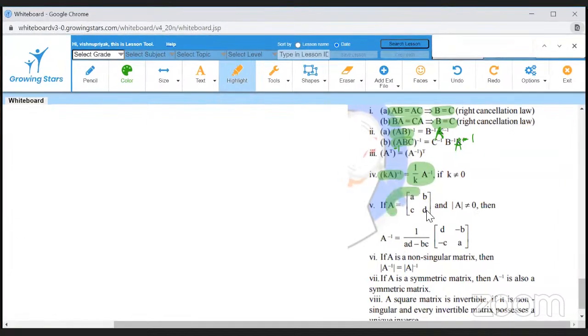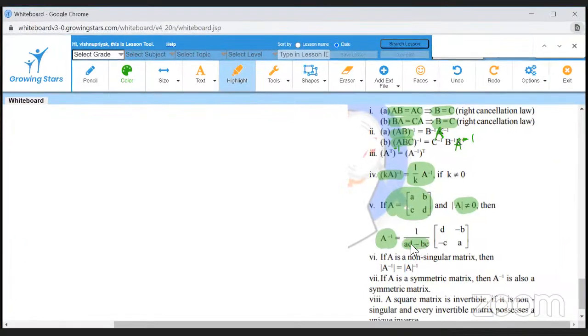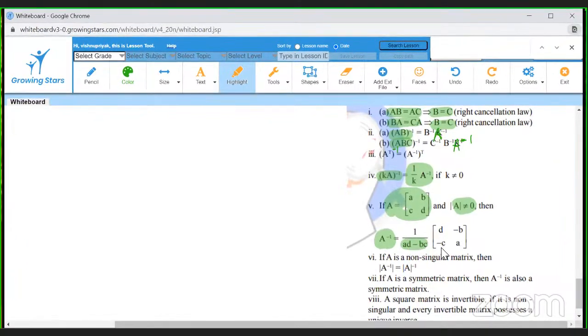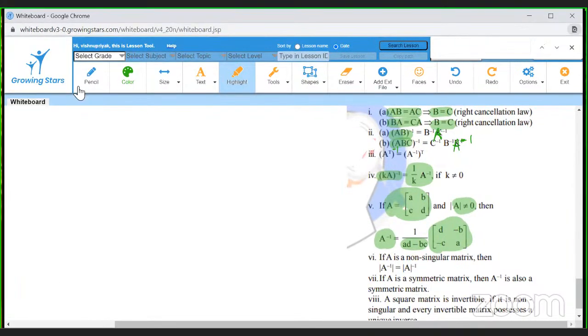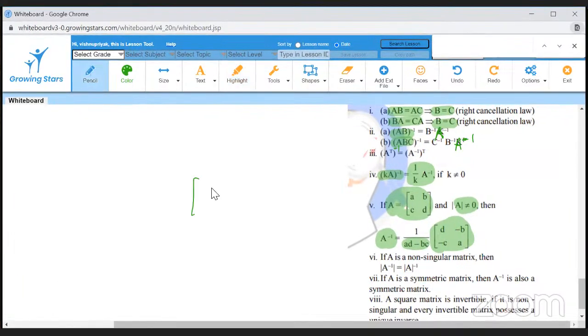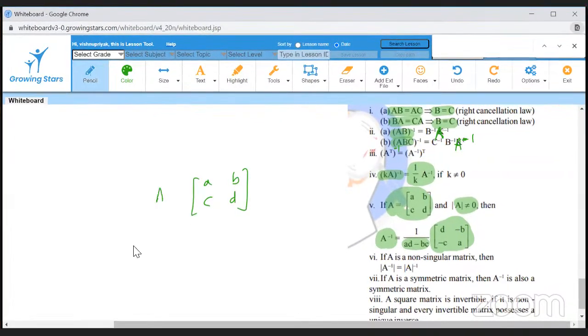Suppose A is a 2 by 2 matrix and determinant of A is not 0, the formula for A inverse is 1 by determinant of A, that is 1 by AD minus BC, into adjoint of A. Writing adjoint of A is very easy for a 2 by 2 matrix.